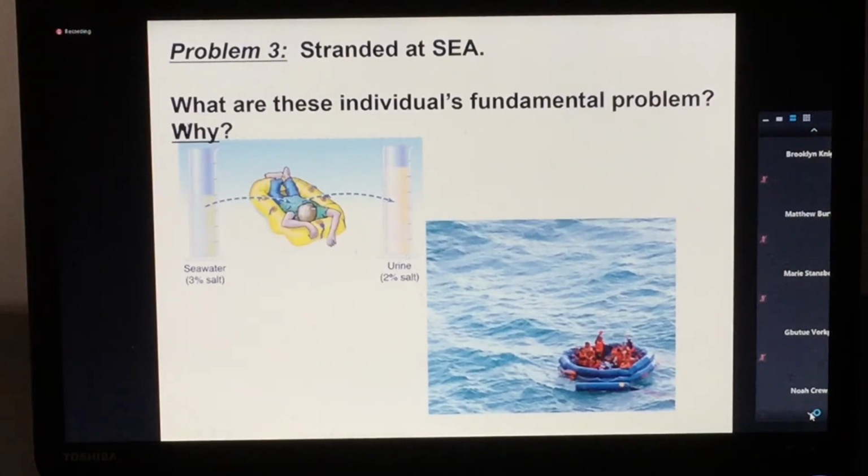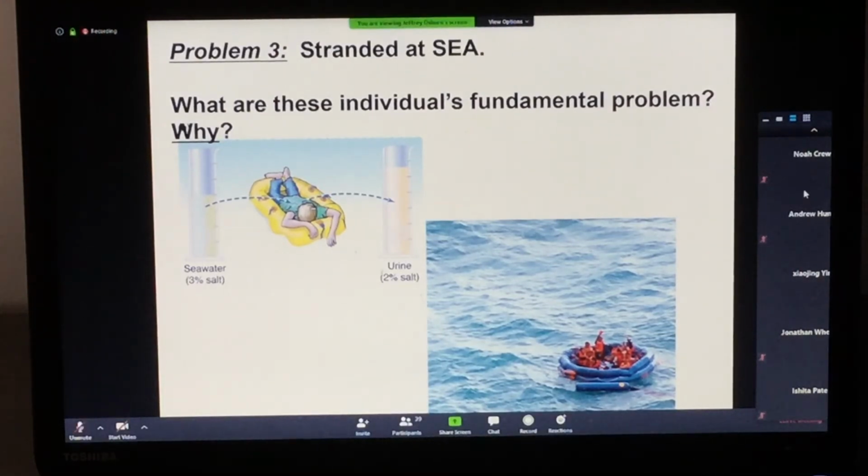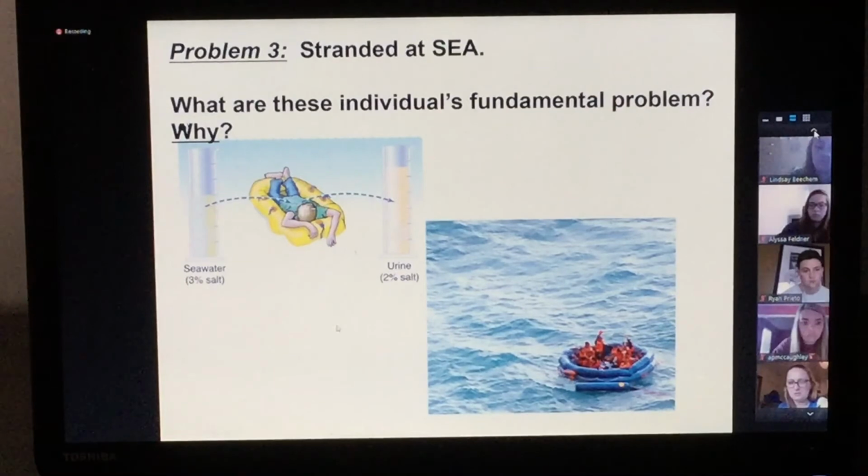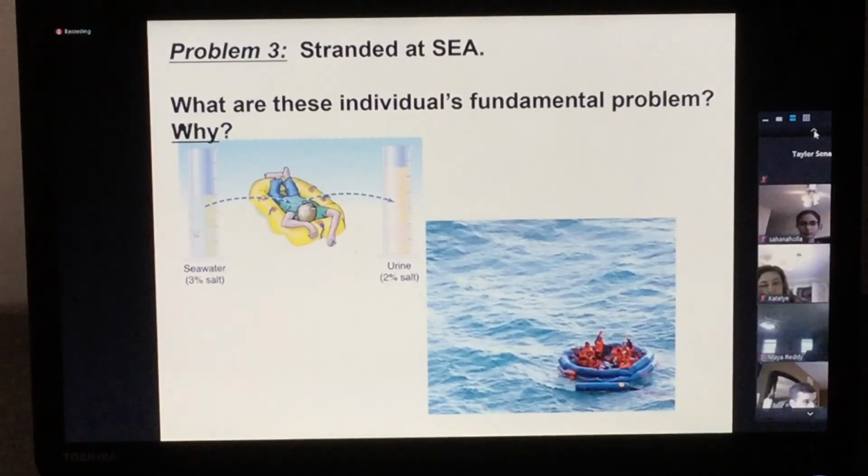Because if you drink your urine, you just recycle and excrete that salt, and you may retain some of the water that's in that urine. If you drink the seawater, you're just going to dehydrate your cells. And you need to understand why that's the case by the movement of body fluid volumes.